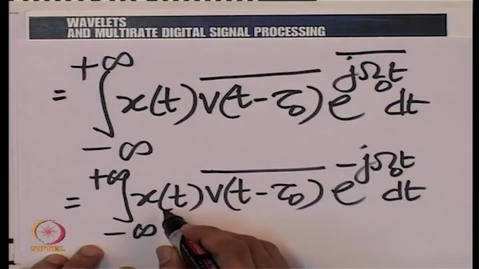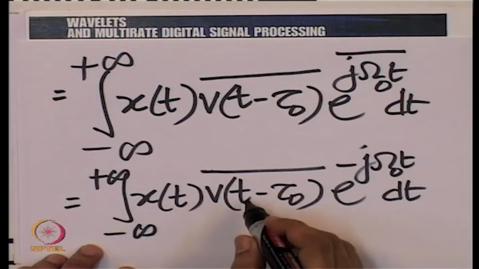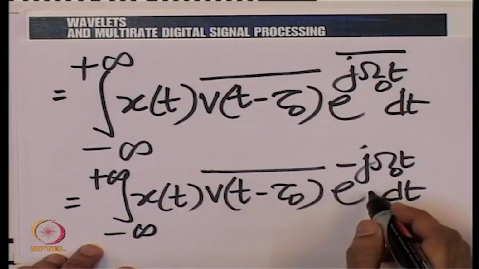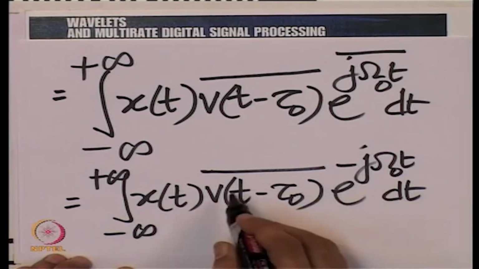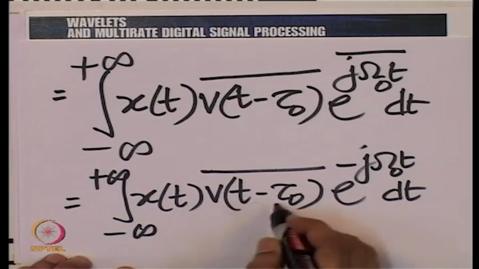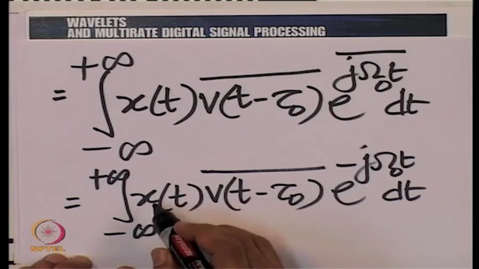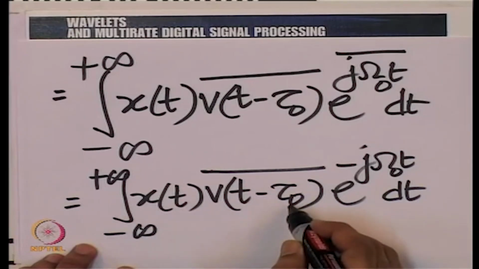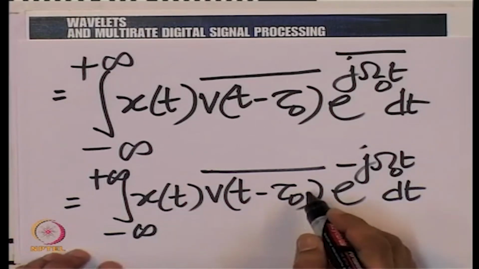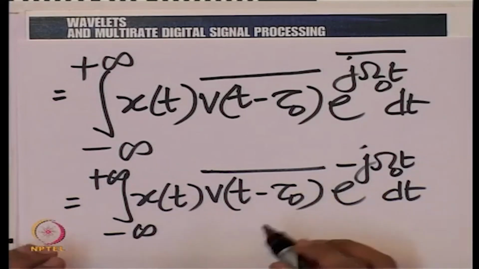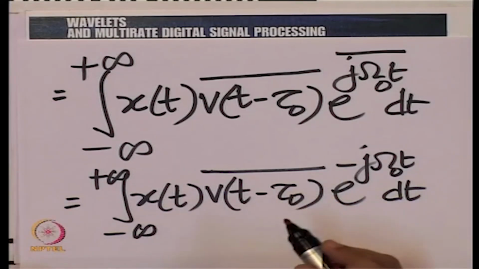Now, let us invoke Parseval's theorem to get a different perspective on the same expression here. So, let us go back to the expression here. We have taken a dot product of x(t) with a translated version of the window and then a Fourier transformation on this product. So, for example, if v(t) were to be a triangular window, essentially it would extract the information of x(t) around the point tau 0 with some weighting done by the triangular function or the rectangular function.